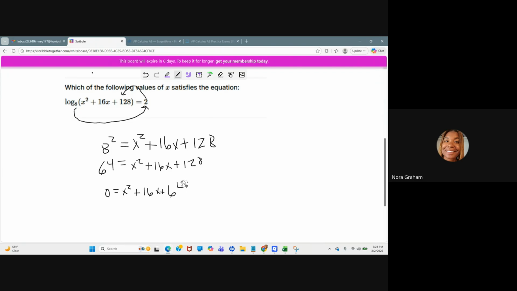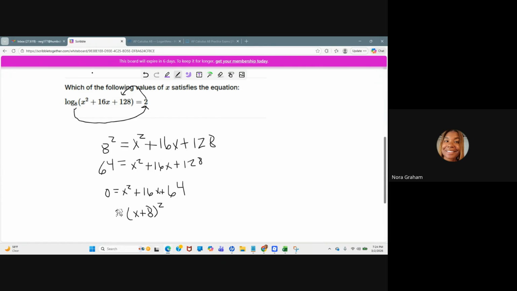Now I want to factor this out. I want to think of two things that multiply together to get my c, which is 64, and at the same time add together to get 16. That's going to be 8. That's x plus 8 times x plus 8, or I can write that as squared.